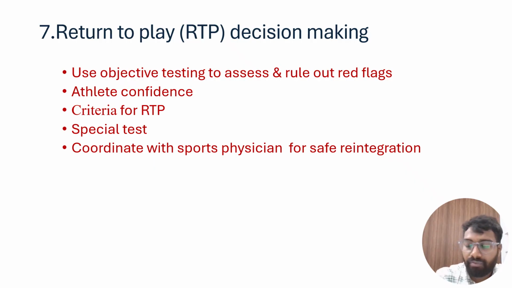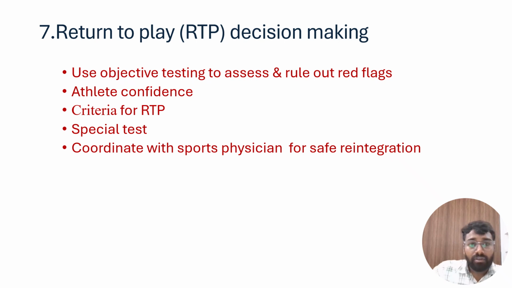But during the on-field assessment, when we are managing the injuries on the field, it is our call whether the player will play or not. If we say no, you can't play because you have a severe injury, then they will definitely get out of the match. But if we think that he or she is well fit and not having a serious injury, then we can proceed with the return to sports.